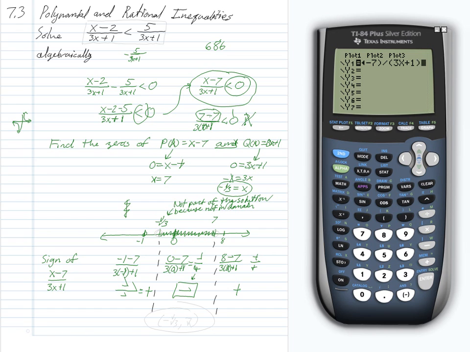So that is not a good one either. So both of the endpoints should be excluded, and our interval of interest is negative 1/3 up to 7. So any x value you choose out of that interval will satisfy our original stated inequality.